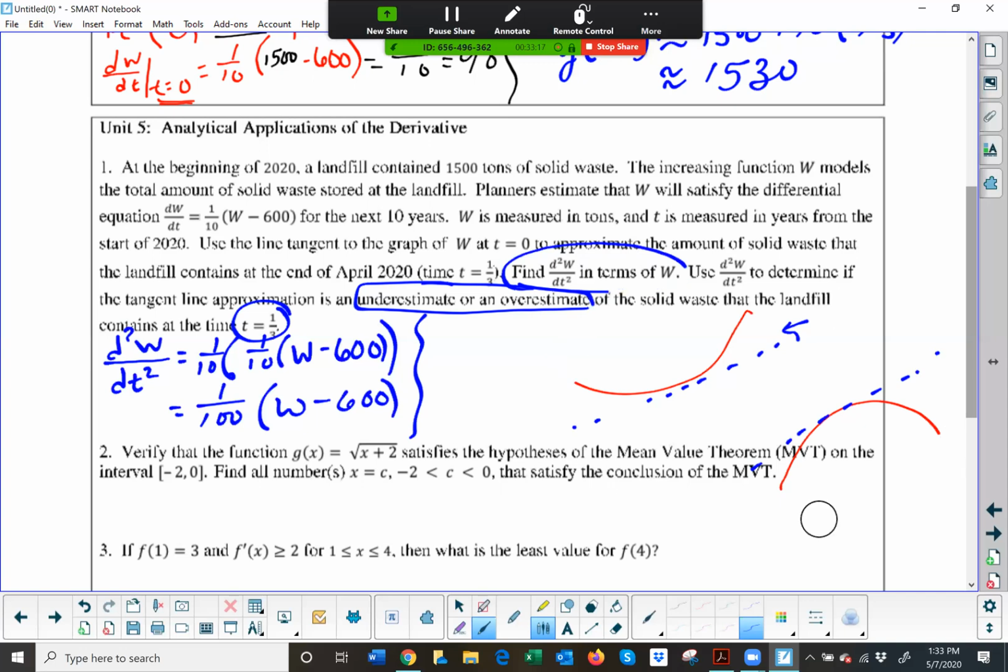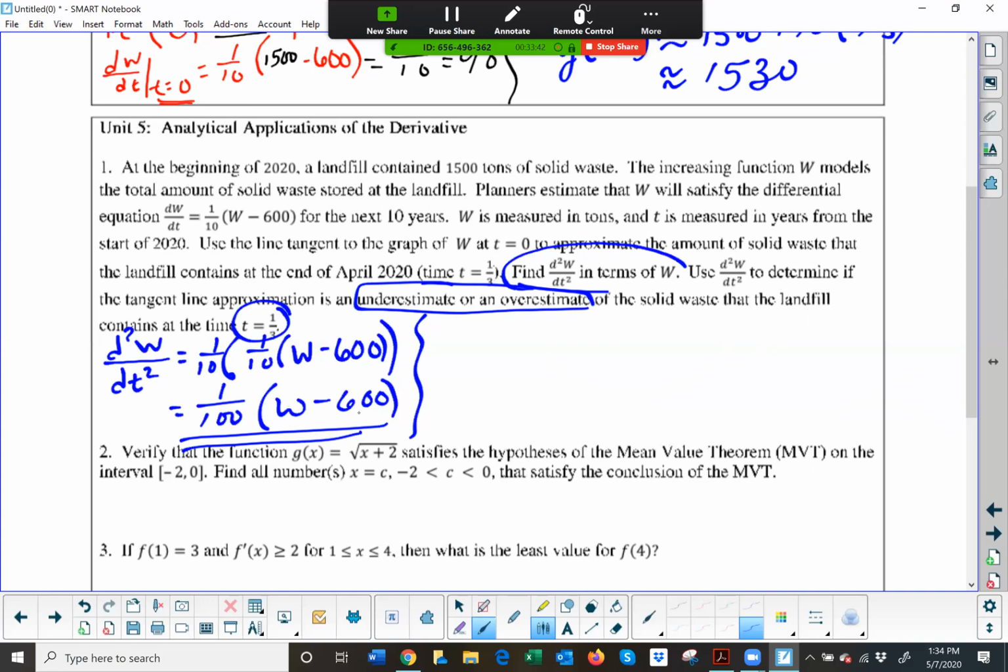Well, concavity comes off of which derivative? Second derivative. So if I'm looking at second derivative, awesome, I have the second derivative. I just need to evaluate it at 1/3. But I want to evaluate it at 0 because that's where the tangent line was built.